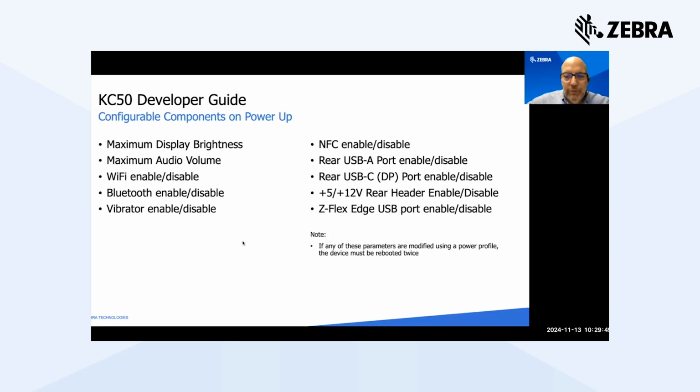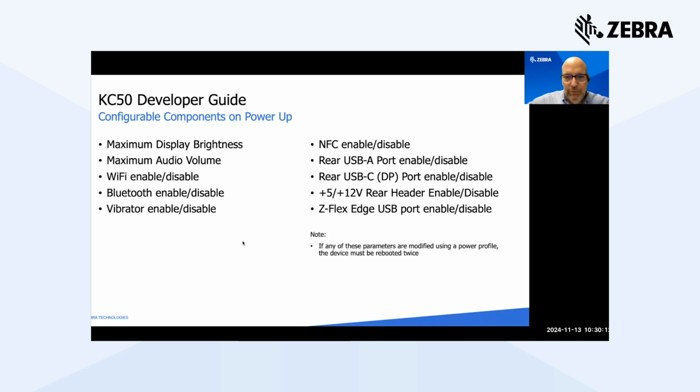There is a rear USB-A port. You can enable or disable the ability to use that. The rear USB-C port, which is basically the connection you use to the TV50 secondary display, can be enabled and disabled. There's actually two power sources on the rear, a 5-volt and a 12-volt power source through a header.